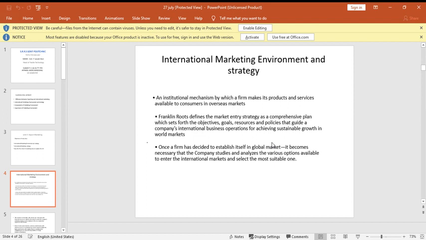Once a firm has decided to establish itself in a global market, it is necessary that the company studies and analyzes the various options available to enter the international markets and selects the most suitable one.